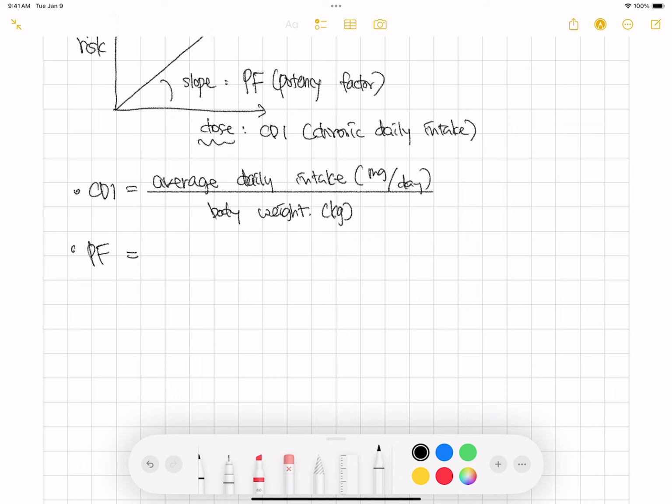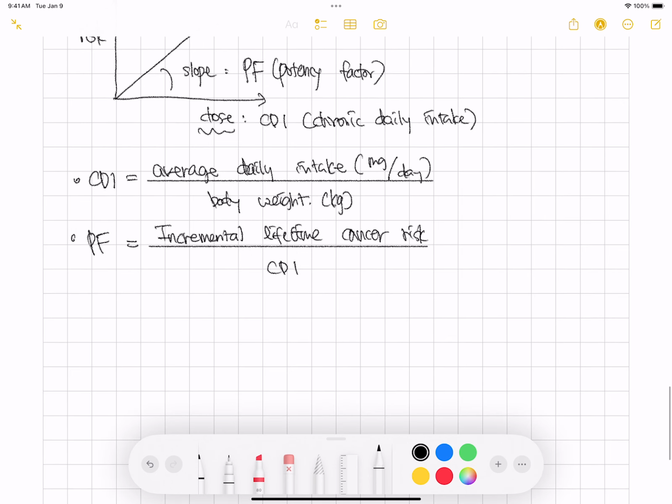It is basically incremental lifetime cancer risk divided by chronic daily intake, CDI. Therefore, the risk is CDI times PF.